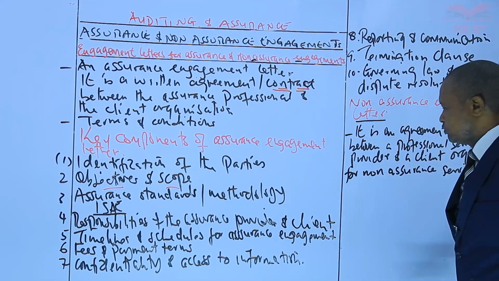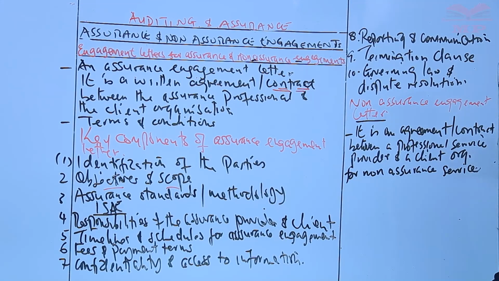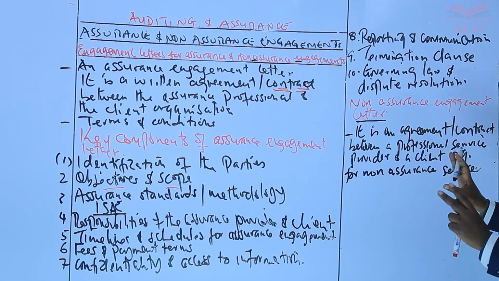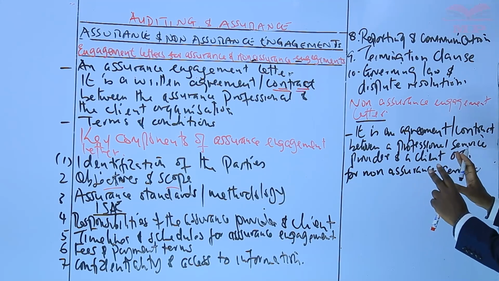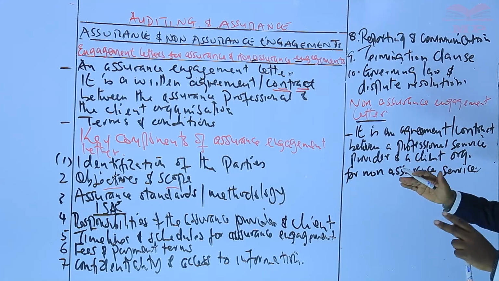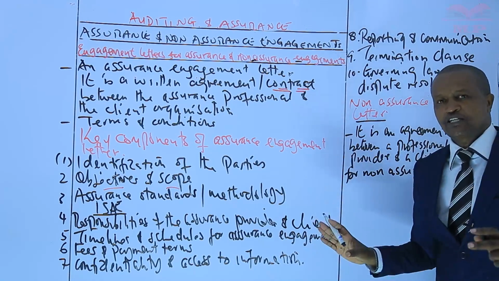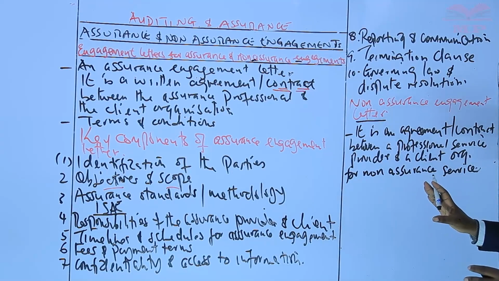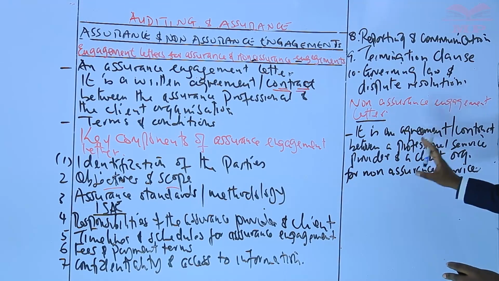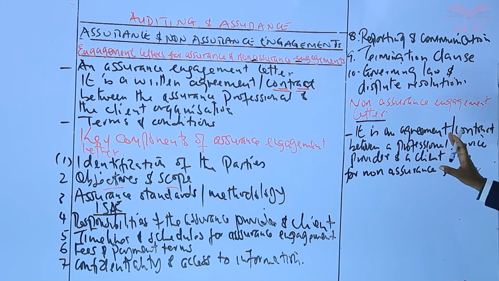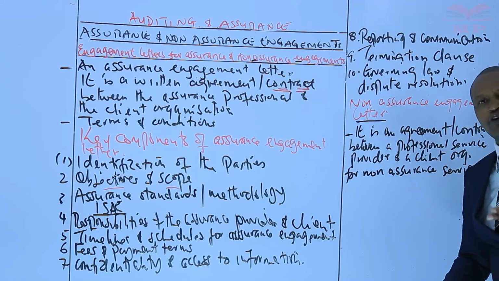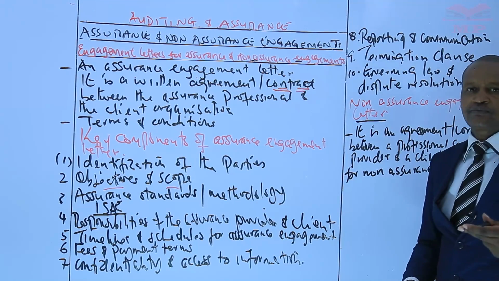Again, you may need to refer to our last lesson, where we made a distinction between assurance engagement and non-assurance engagement. We went ahead to give examples of both. So a non-assurance engagement letter is a contract between an assurance provider and a client organization for non-assurance service.